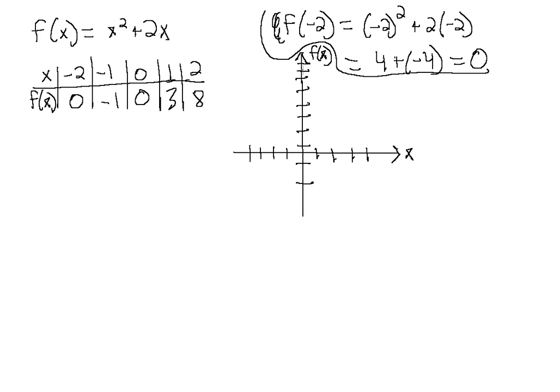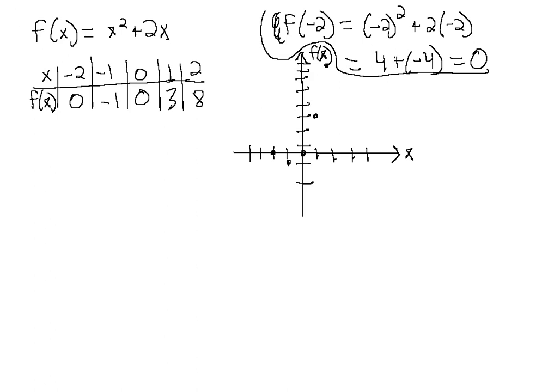I think that's f of x equals 8. Okay, so we have a point -2, 0 right here. The point -1 and -1, the function goes to the origin. We have the point 1 and 3, and we have the point 2 and 8, and 8 is up here.